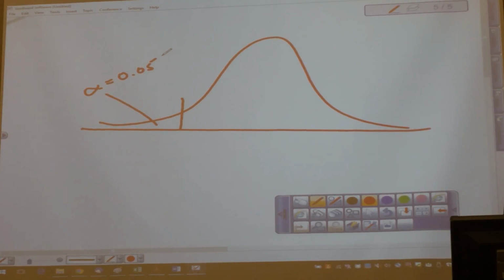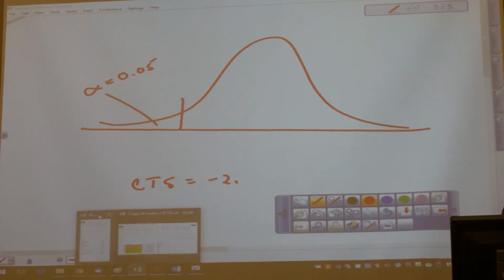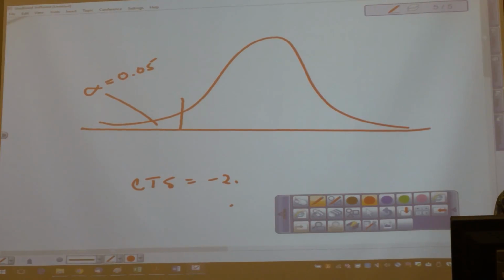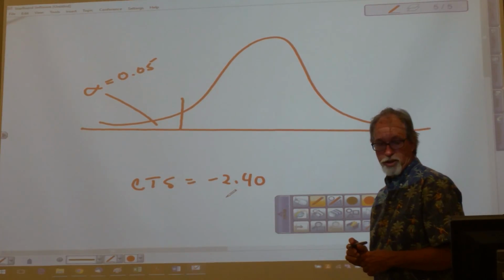Now I have a calculated test statistic of negative 2 point something, right? Negative 2.39 or 2.40, okay, 2.40. And the alpha is negative 1.645.